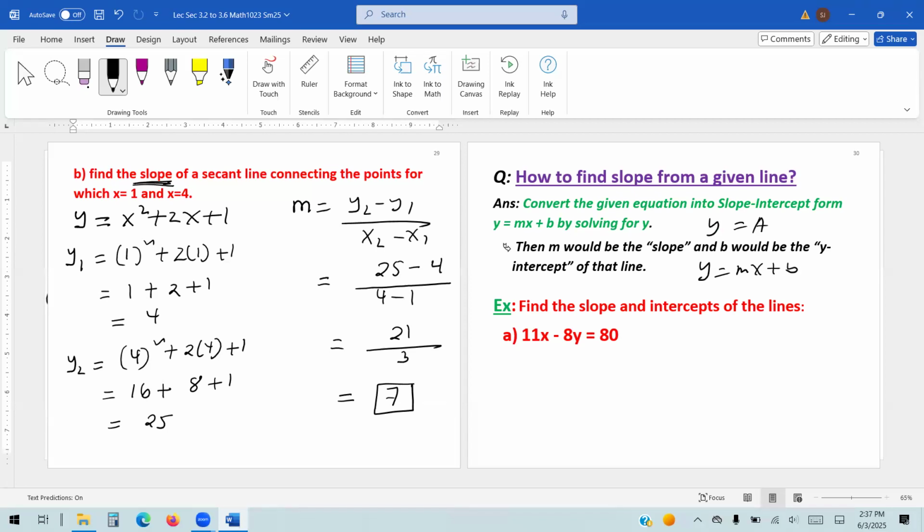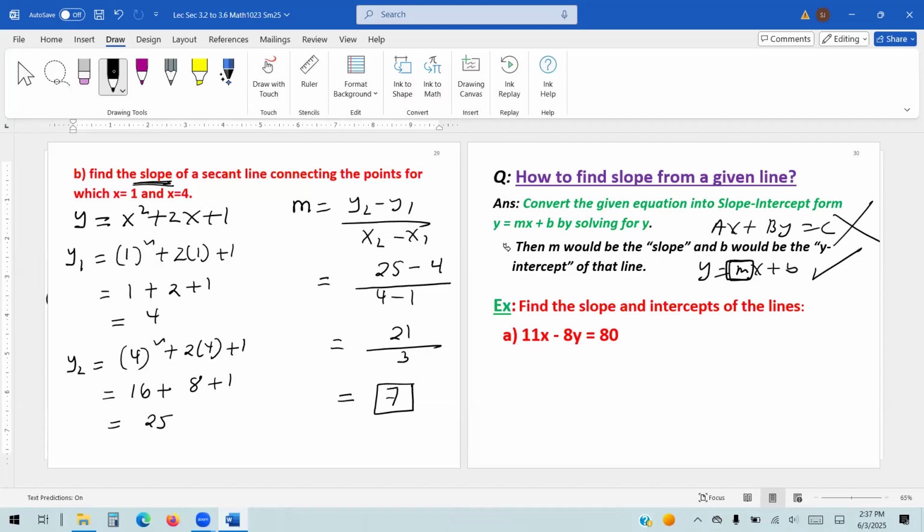Another one was ax plus by equals c. Here we don't see the slope, so this method is useless for slope. Here we see the slope, so this format is the best.